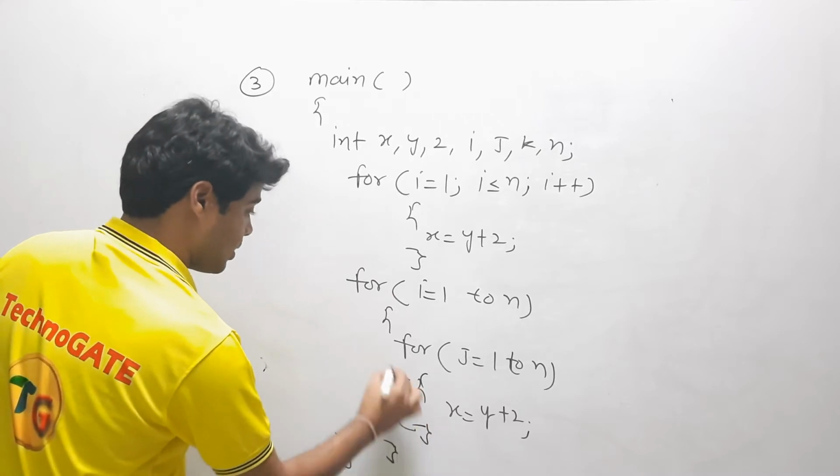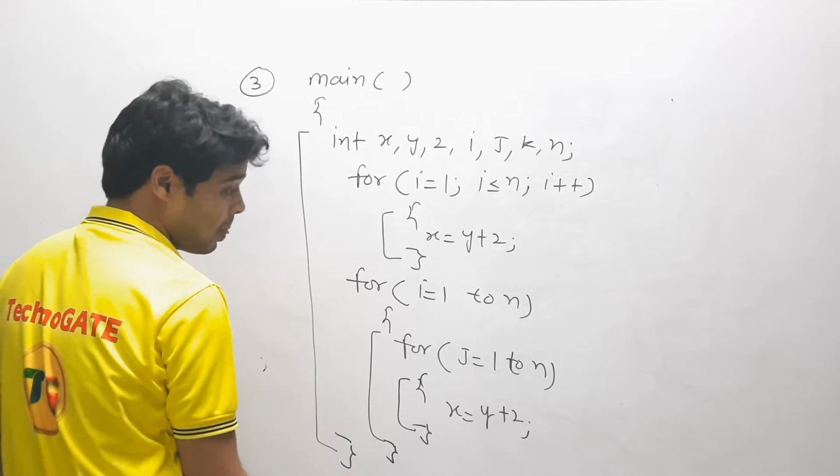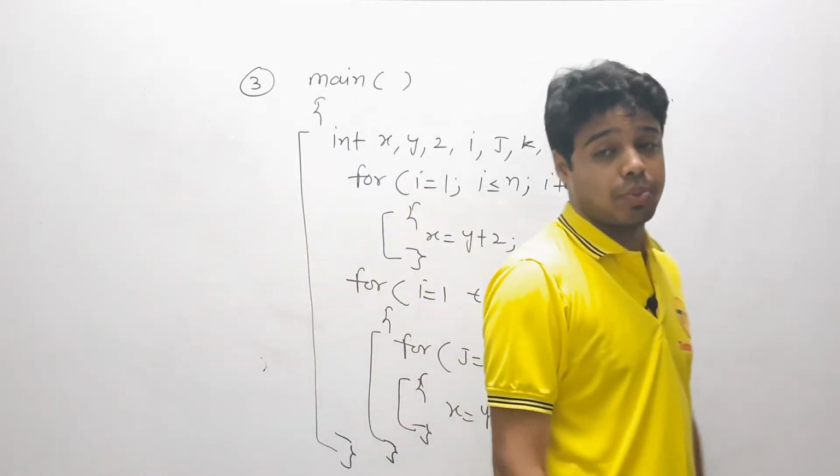So this closes here, this closes here, this closes here, this closes. So what is the time complexity of this program?